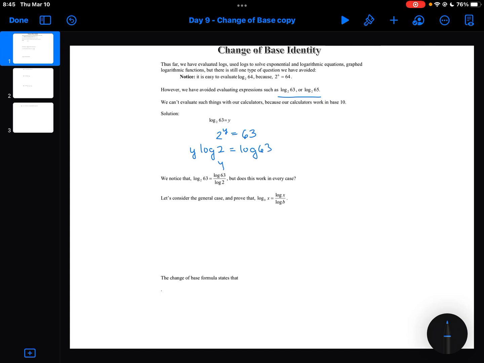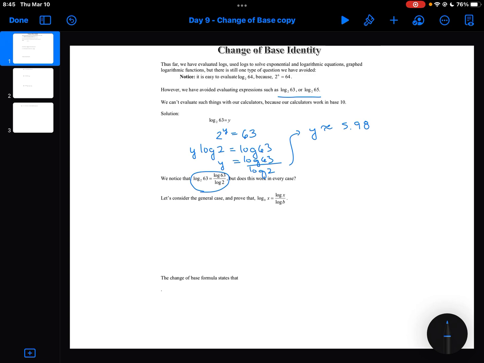And then we divide both sides by log 2. So y is log 63 divided by log 2, which using a calculator will give us about 5.98. So we notice that log base 2 of 63 is log 63 over log 2.